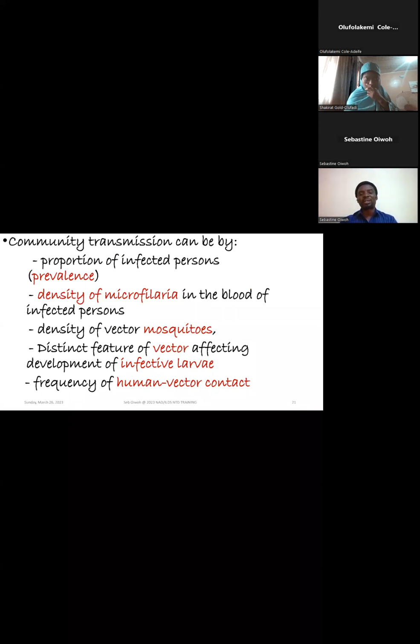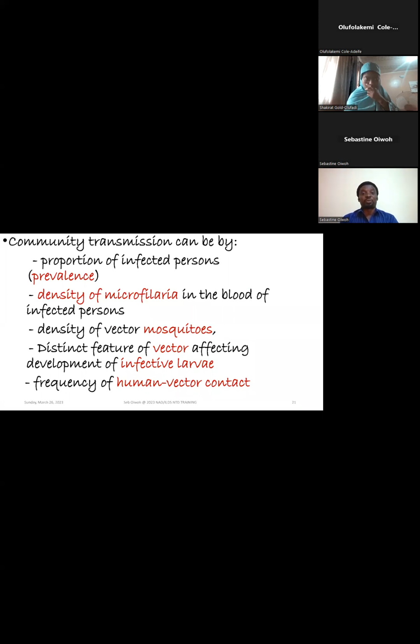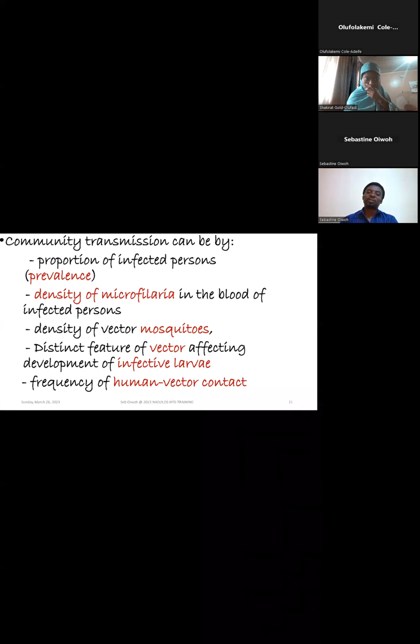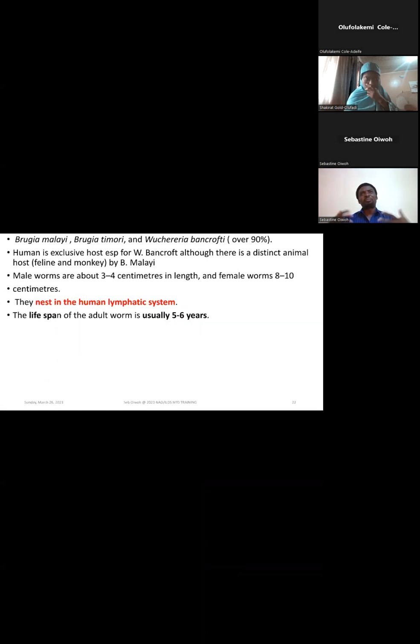What determines endemicity is the proportion of people who have it, the density of microfilaria in the blood, the density of the mosquito in that particular locality, and distinct features of the vector, infective larvae, and human-vector contact. So these are important questions we want to ask patients who come to us presenting with leg swelling.